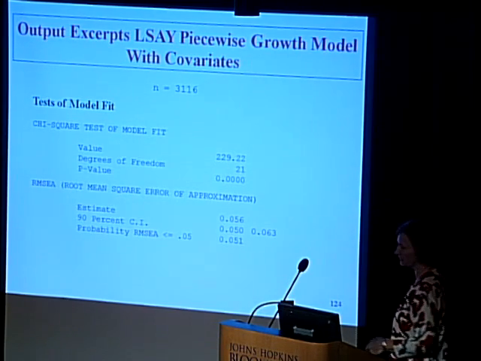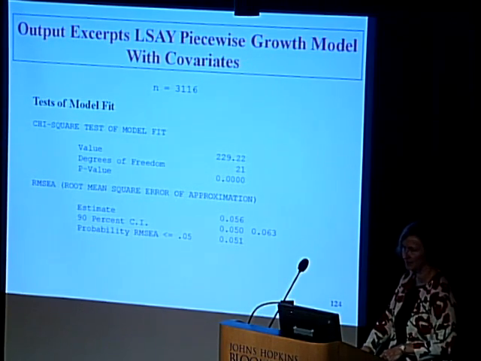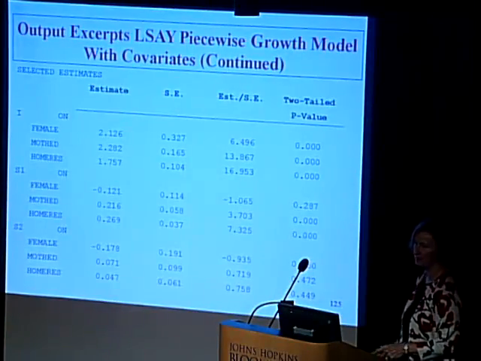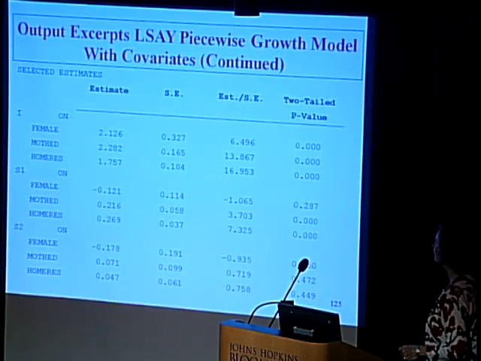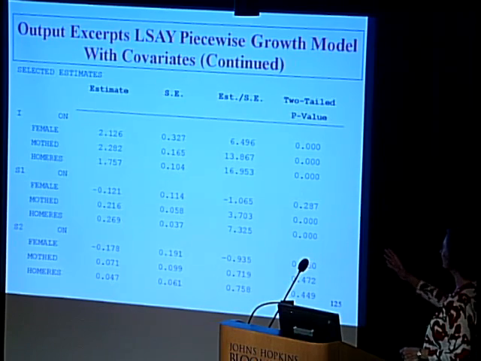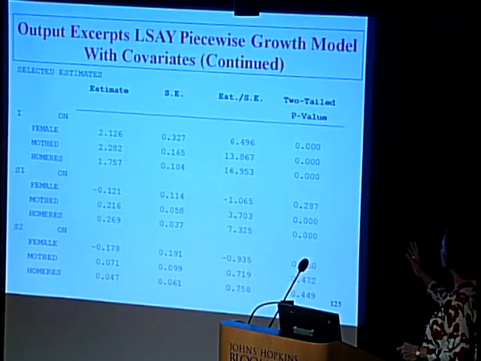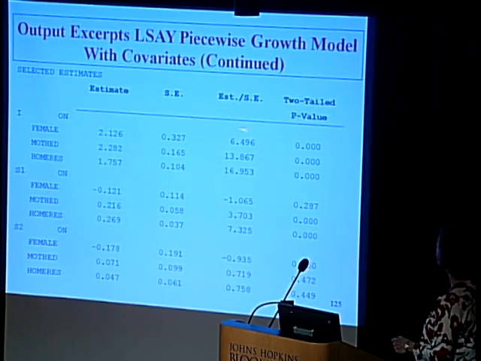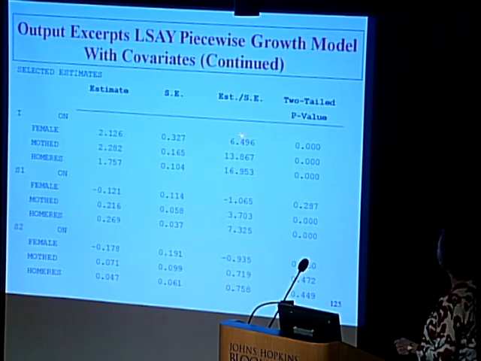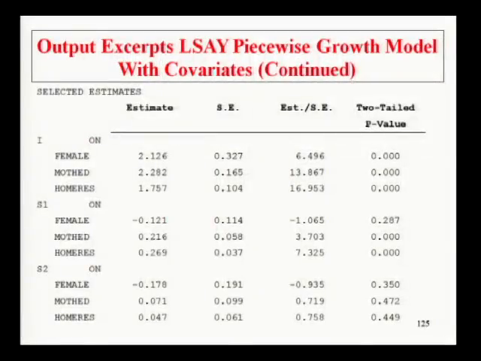Once again, with chi-square probably sensitive due to the large sample size. But what's interesting about this is what I said earlier, that the intercept and the two slope growth factors can have different predictors. Different predictors can be significant. And we see that they're all significant, again, for the intercept growth factor, as we saw earlier.